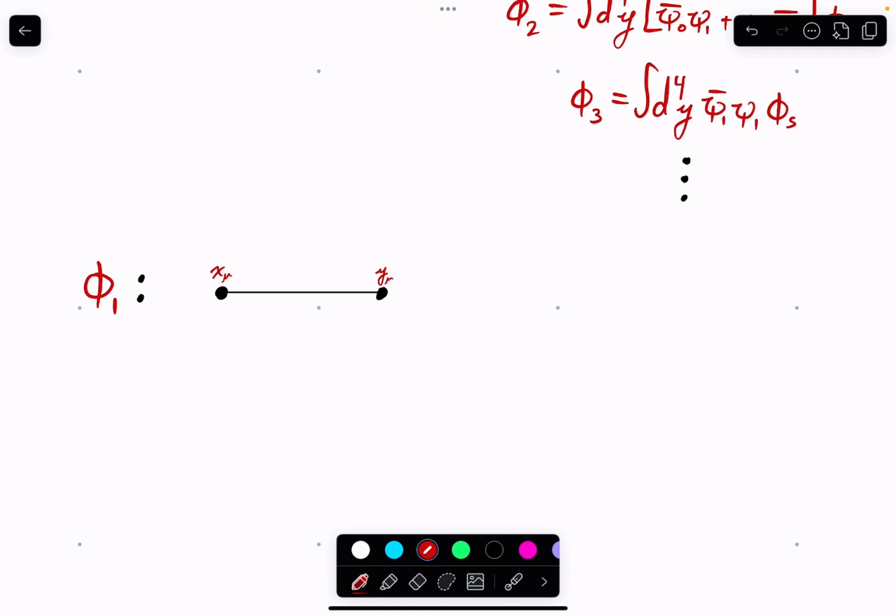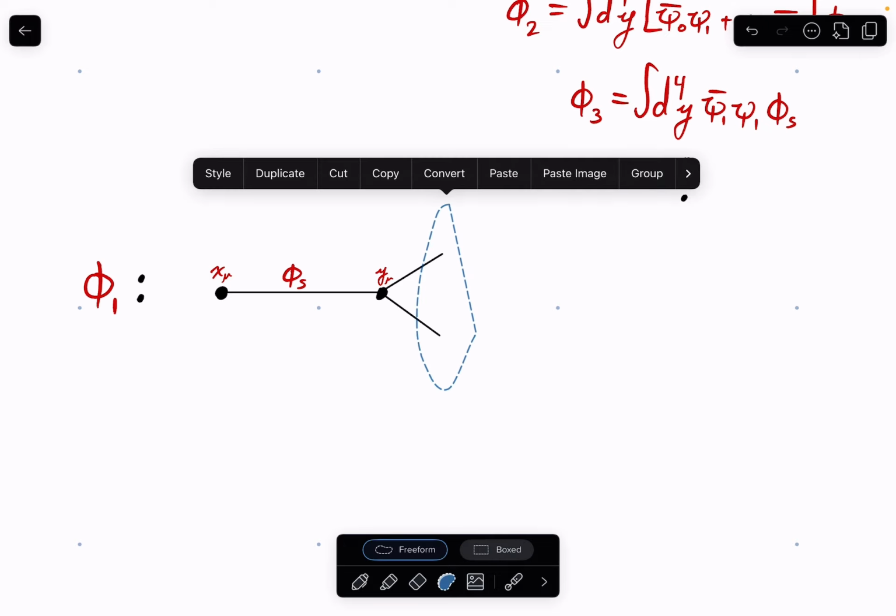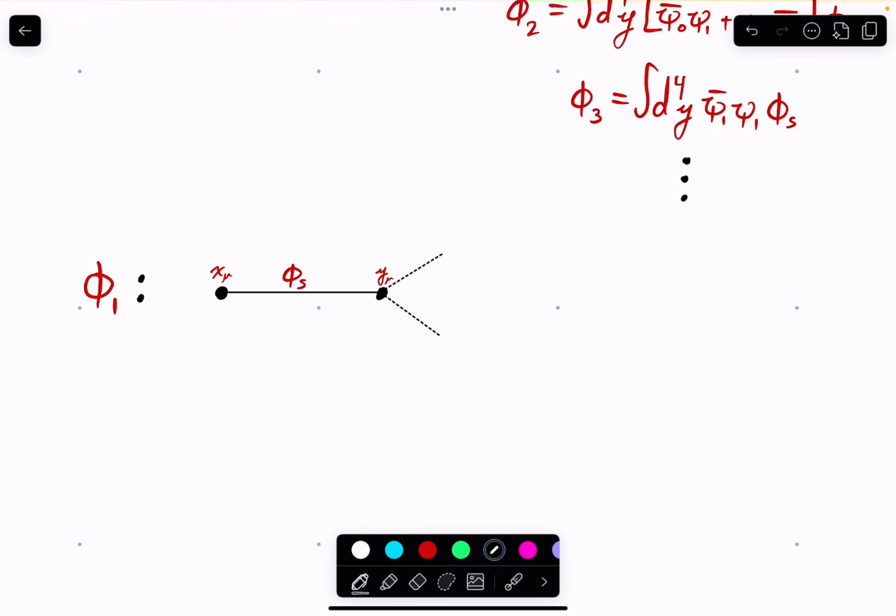So x mu, y mu, and this is your connection type, not connection, but the special thing that's relating position y to position x. And these are, in a sense, reaching out and interacting with psi naught and psi naught bar. So at point y, the spinor and the conjugate spinor are interacting at this point, and then this is related to the point x. So that's what's happening there.